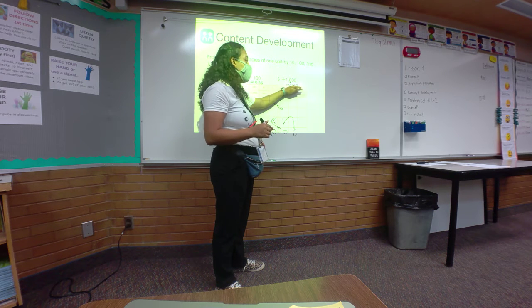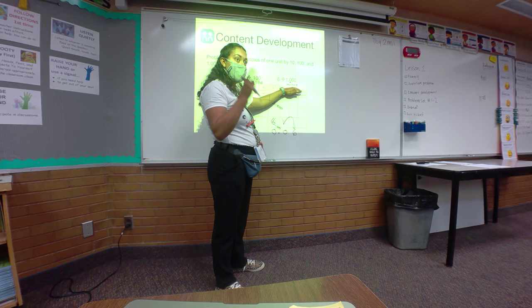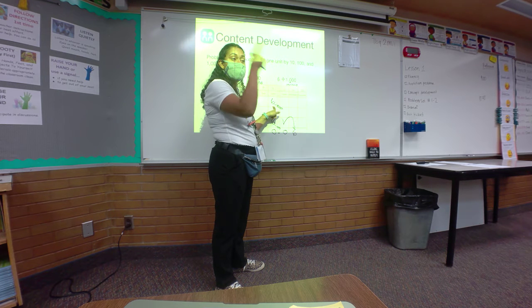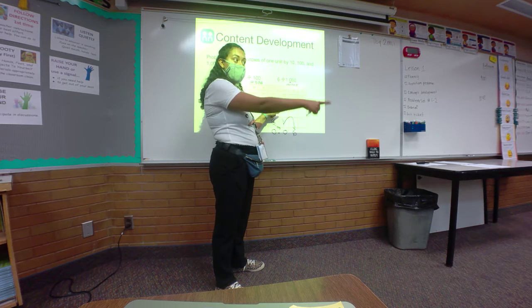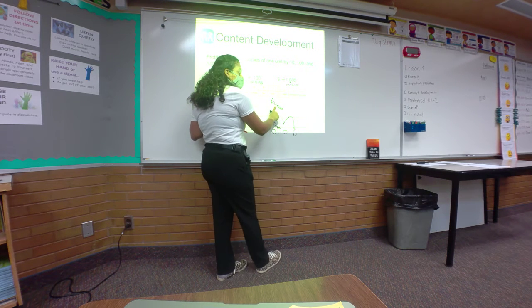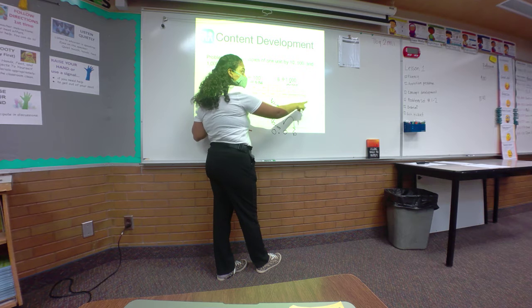How many powers of 10 are in 1,000? 3. So how many shifts do we need to do? 3. To the left or to the right? To the right, because it's going to get smaller, because we're dividing. Okay. To the right 3 times.